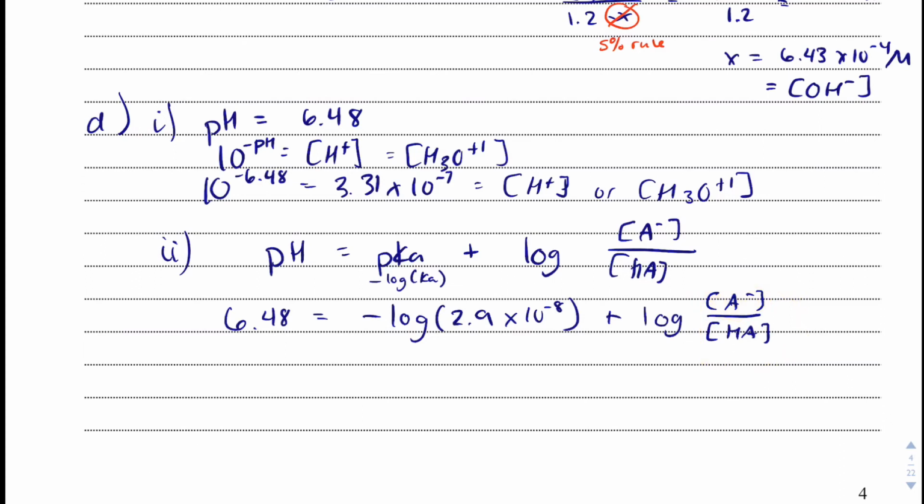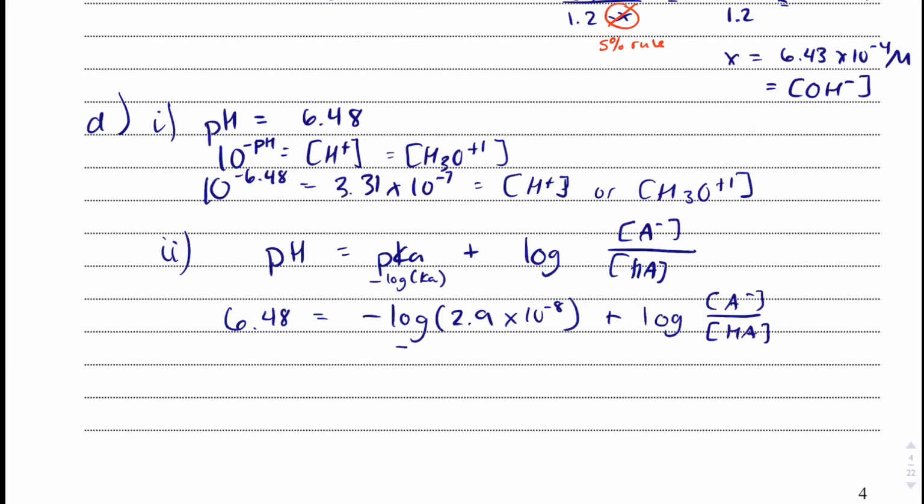But if the fraction is less than 1, then that means my denominator, HA, is present at higher concentration. So when I do this, I am going to get the pKa, negative log of 2.9 times 10 to the minus 8.